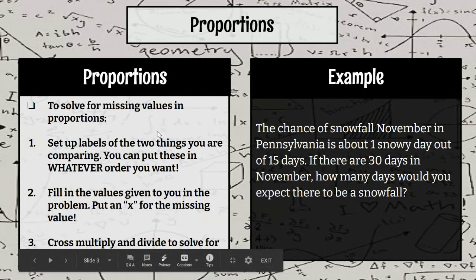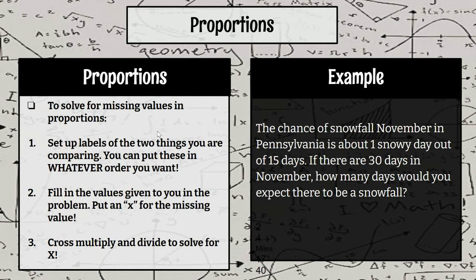So if I read this problem, the chance of snowfall in November in Pennsylvania is about 1 snowy day out of 15 days. If there are 30 days in November, how many days would you expect there to be a snowfall? Well, if I look over here at my steps, my first one is set up the labels of the two things that I'm comparing. And I told you they would be attached to those numbers.